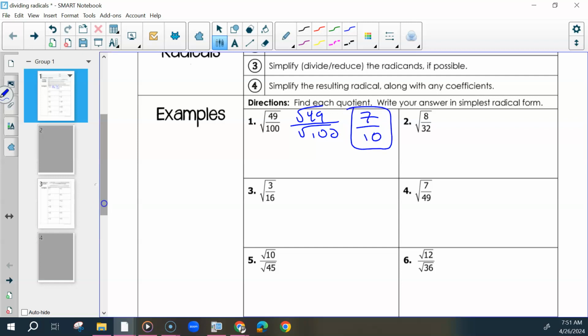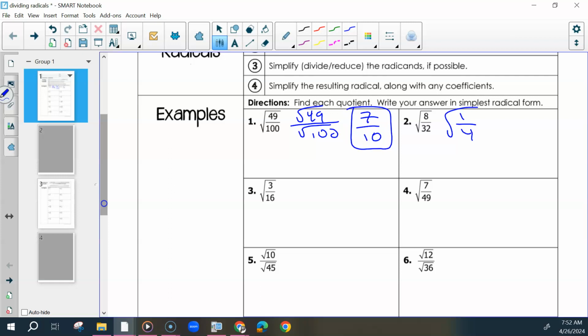Sometimes the numbers aren't perfect squares but can be simplified. So like at number 2, these aren't perfect squares, but I could simplify this because 8 goes into 32. What would that simplify to be? 1 over 4.